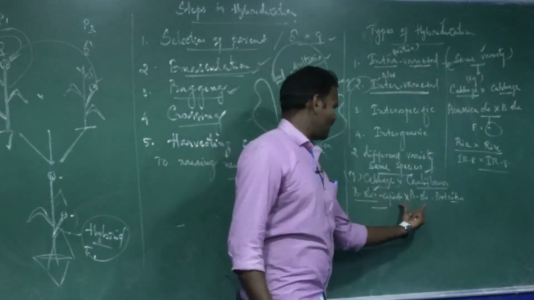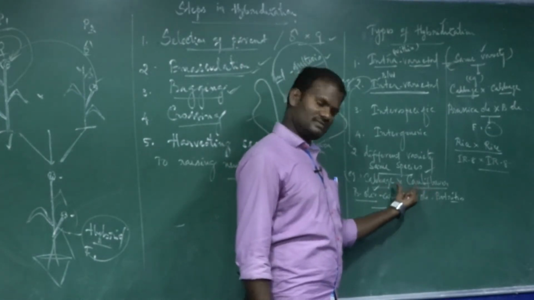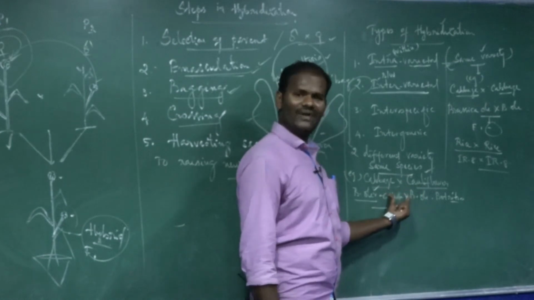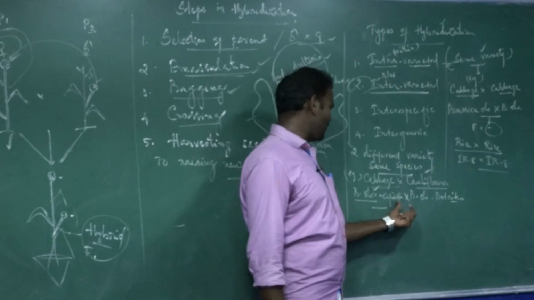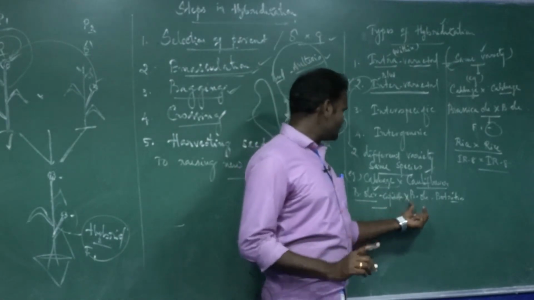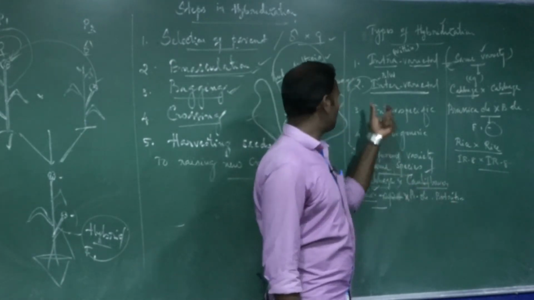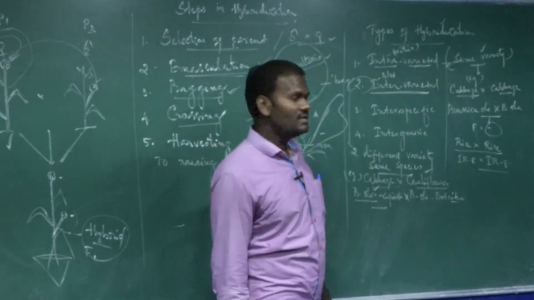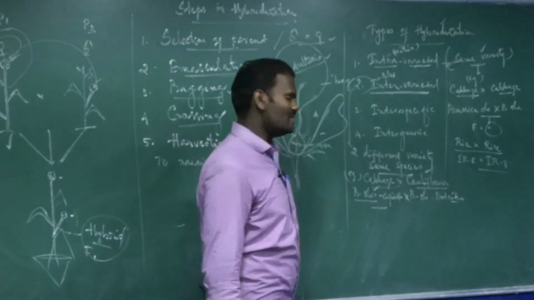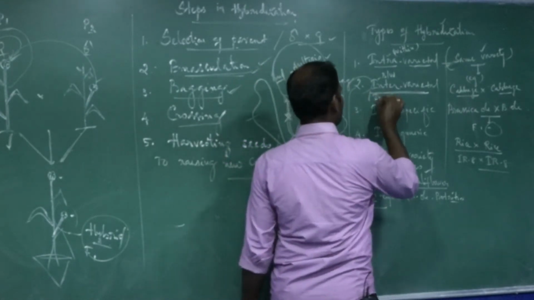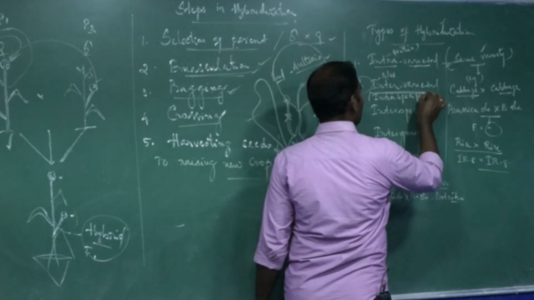Both are 2 different varieties but the same species. These are examples of intervarietal hybridization. Intervarietal hybridization is also called intraspecific hybridization.